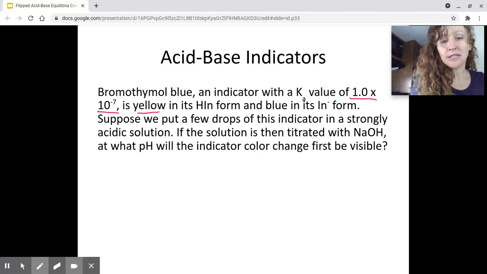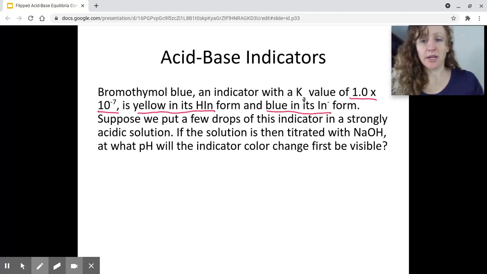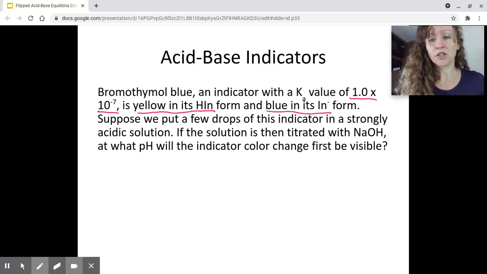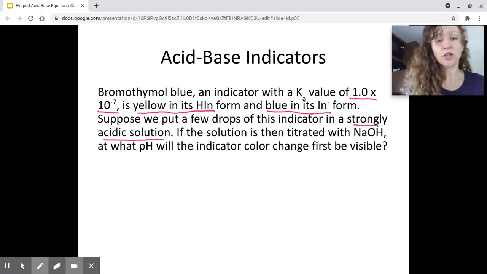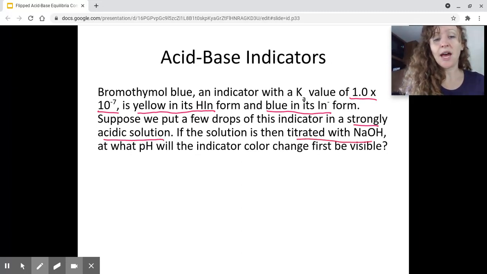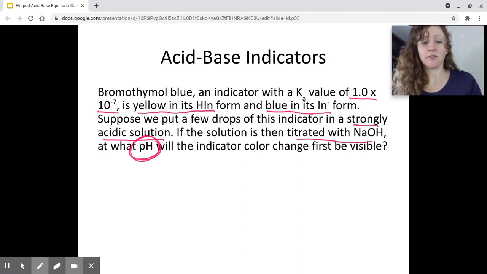It's yellow in its acidic form. It's blue in its deprotonated form. Okay, so if we put a few drops of this indicator in a strongly acidic solution, then the solution is titrated with NaOH. At what pH will the indicator change first be visible?